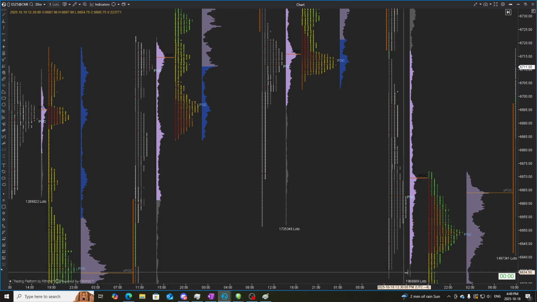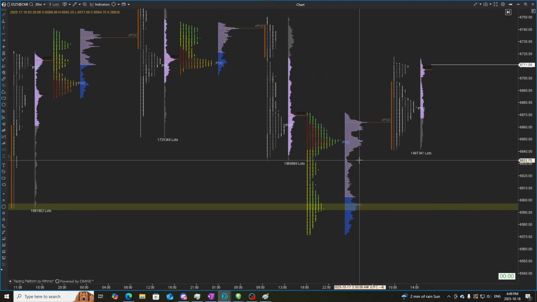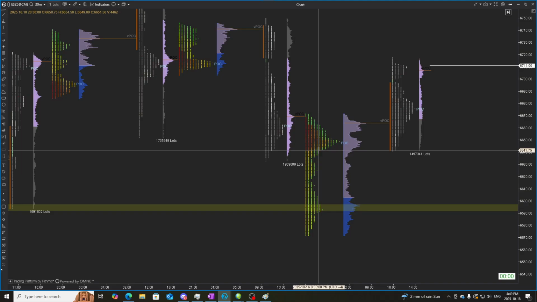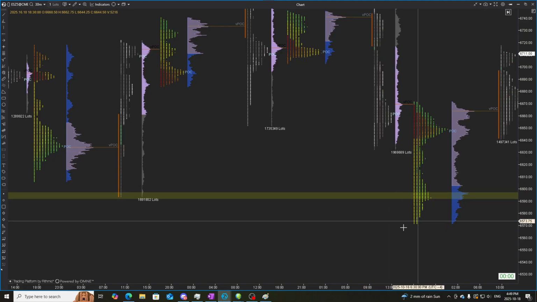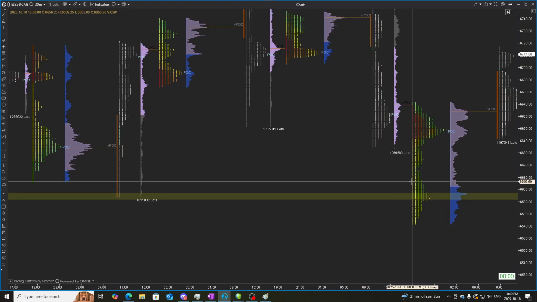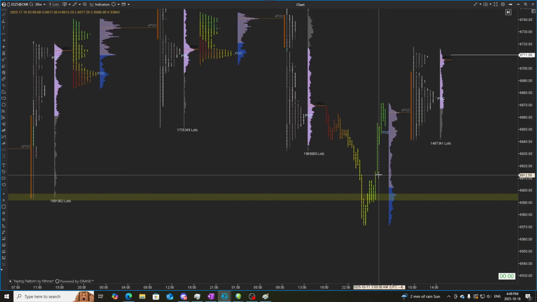Now let's see next day. Next day, we can see that the overnight went downside too much. It was too much stress, and it came inside before the open.